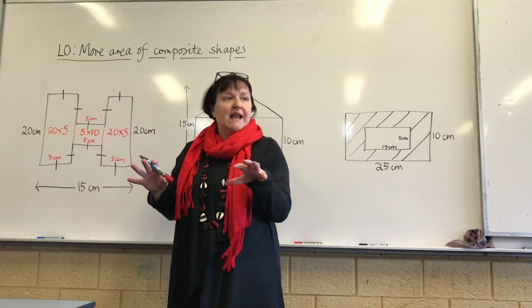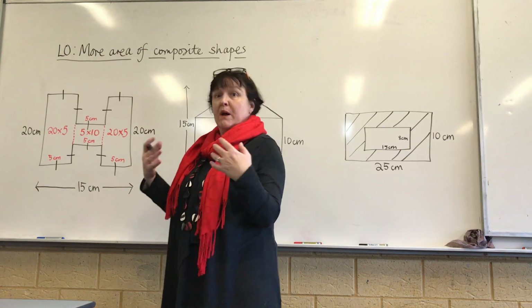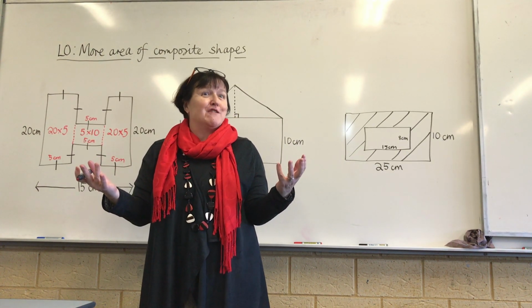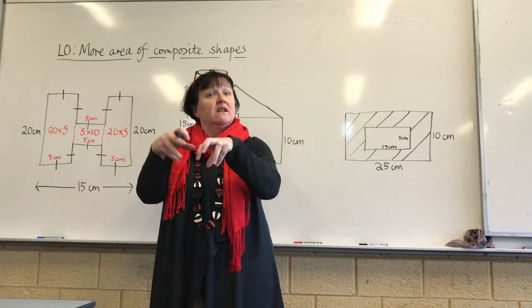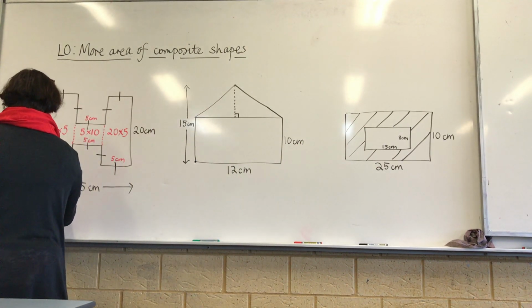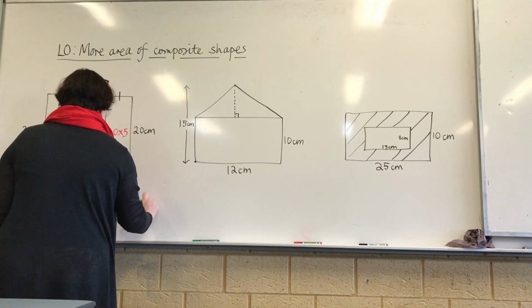Now, to find the area then, what do we do? Multiply the dimensions to find the area of the 3 rectangles and then add them together. So, we've got to do 20 by 5 plus 5 by 10 plus 20 by 5.